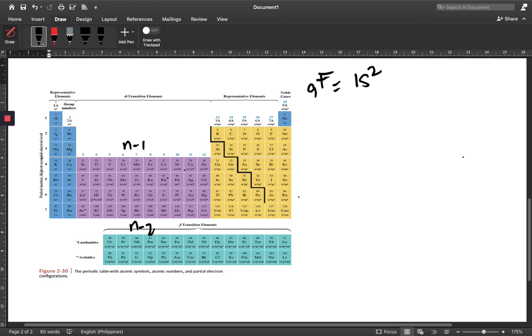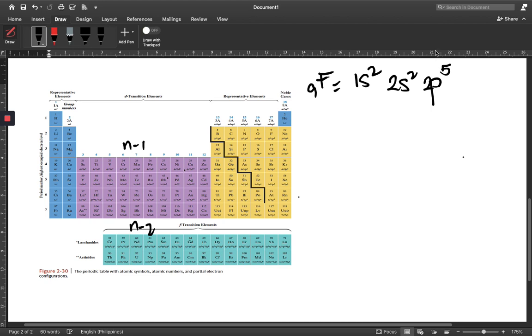After the 1s2, then we have 2s2. After 2s2, again from left to right, you have the 2p something, and then we just count how many cells it takes before we could reach fluorine. 1, 2, 3, 4, 5. So 2p5.